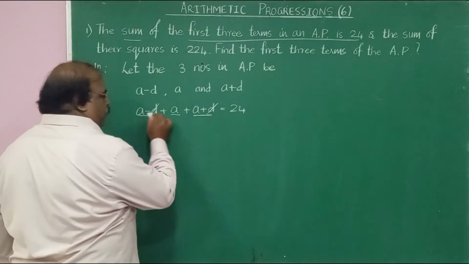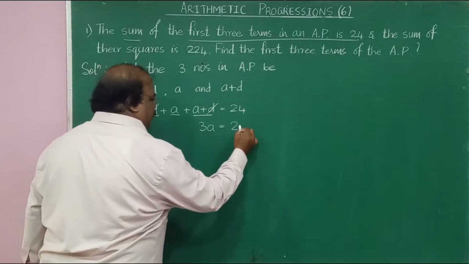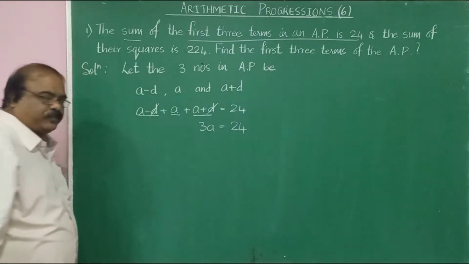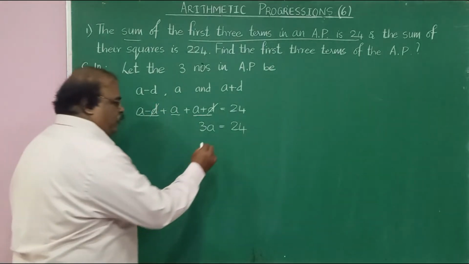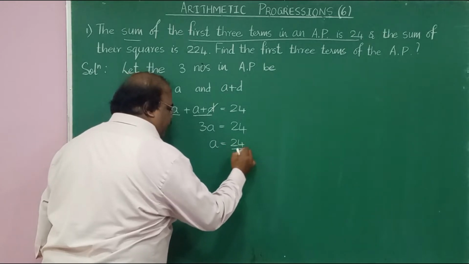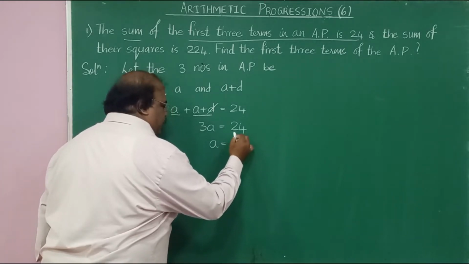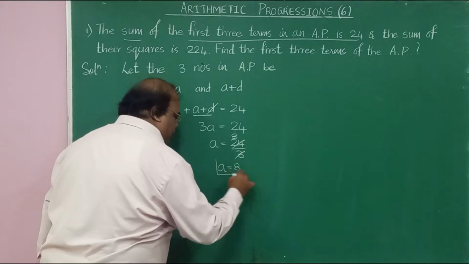So you get 1A plus 1A plus 1A, which is 3A, equal to 24. Now once you know that 3A is equal to 24, what will be the value of A? A will be 24 upon 3. So you get A is equal to 8.